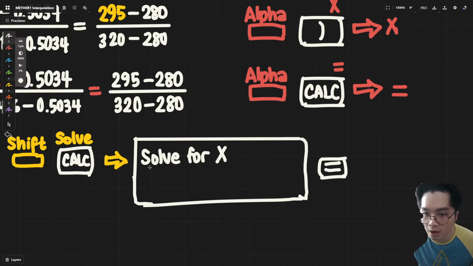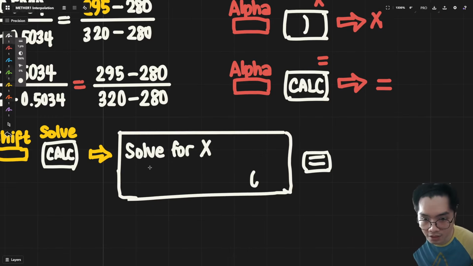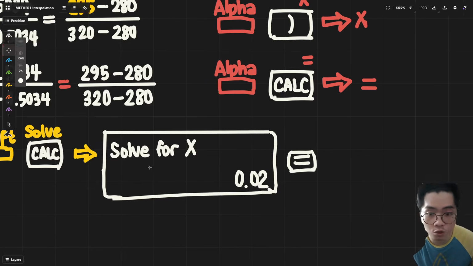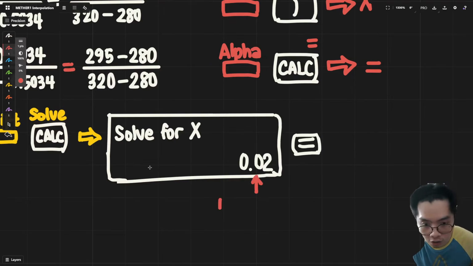But for those who require a more technical explanation, this value right here, currently I have it at 0.02. This is your current value that is stored for the letter X. The thing about this letter X is that this will serve as your calculator's initial guess.